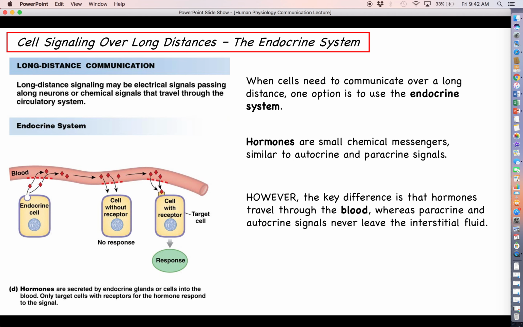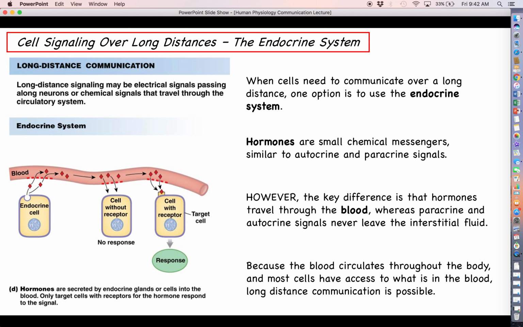A receptor is what makes a cell capable of receiving a message. So if a cell does not have a receptor for a particular hormone or for a particular signaling molecule, it cannot possibly respond to that signaling molecule. So basically that cell would not be able to receive that message.